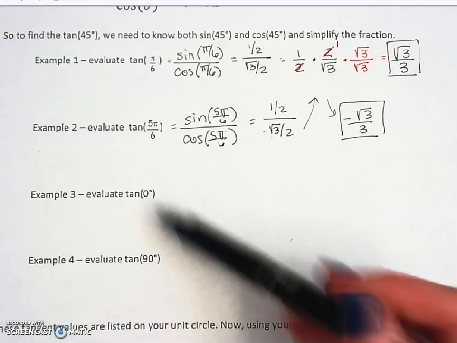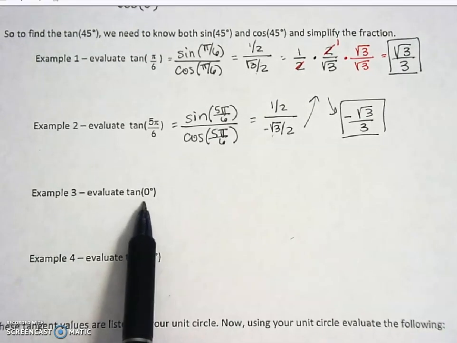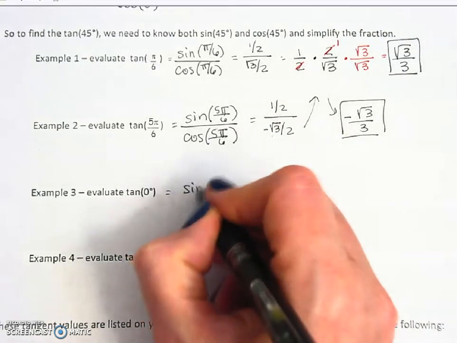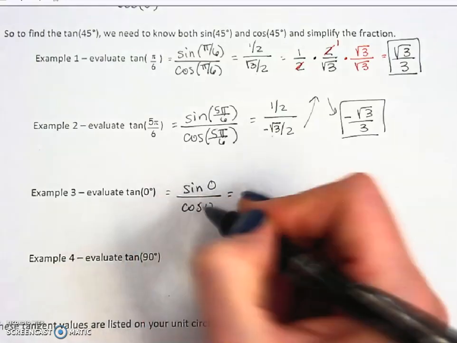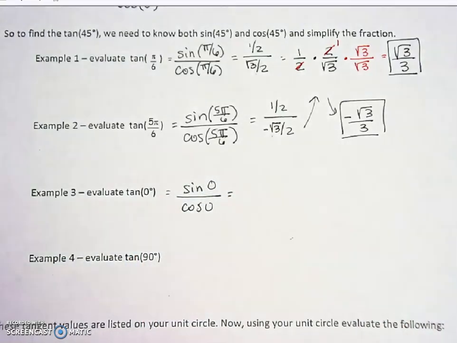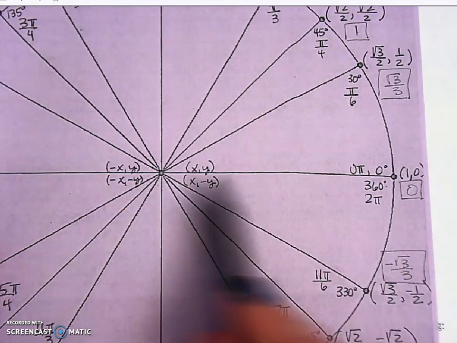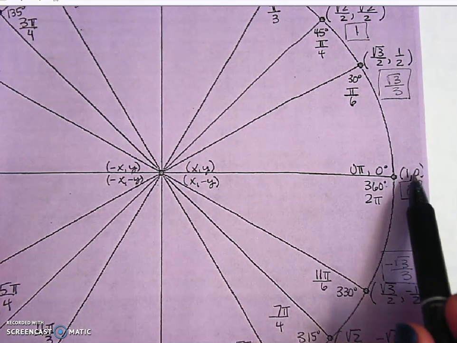All right, so now we move on to these quartile angles. So if I'm trying to evaluate tan or tangent of 0 degrees, that's sine of 0 over cosine of 0. So 0, the ordered pair there is 1, 0, because we went a length of 1 in the x direction, and then we went 0 up or down.